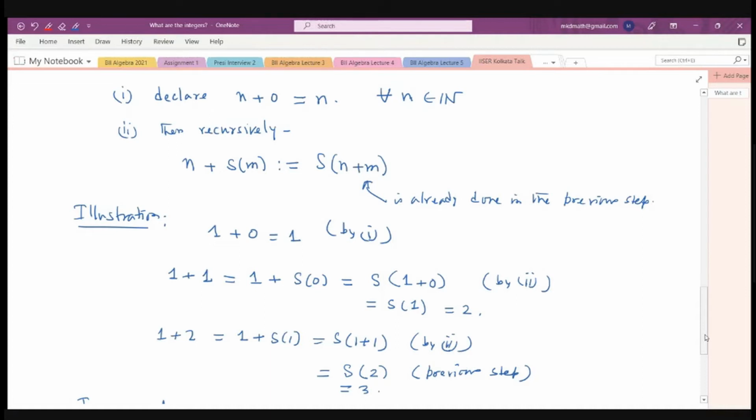My starting point is n plus 0 equal to n for all n. Then I would like to know what happens to n plus 1, meaning I am adding n and the successor of 0. If you study the addition of natural numbers carefully, this is how it is going to work. So finally I have proved that successor of m is m plus 1.